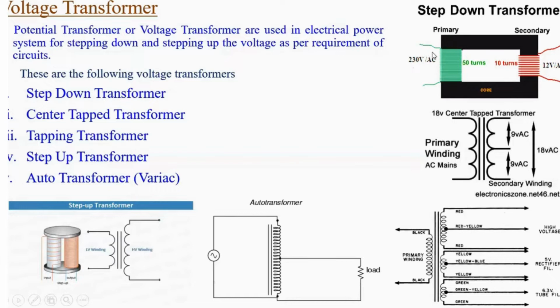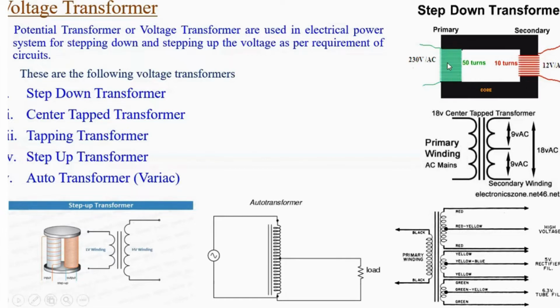When the current is passed through the primary, you will get the current on the secondary side. You are giving current on only one side, but on the other side, by mutual induction, Faraday's law, it is transferred to this coil and you will get the voltage, depending upon the number of turns.